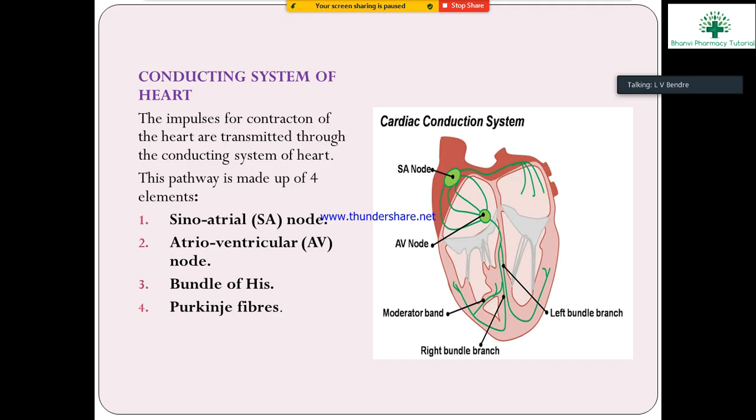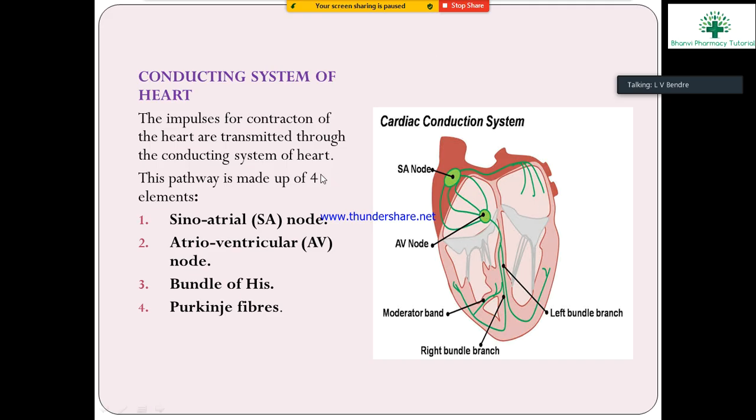The first one is the SA node, that is the sino-atrial node. Next, the atrioventricular node. The third one is the bundle of His, and the fourth one is the Purkinje fibers. These four are the elements of the pathway of the conducting system of the heart.